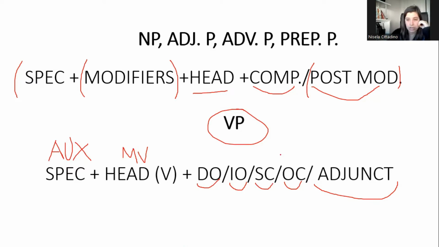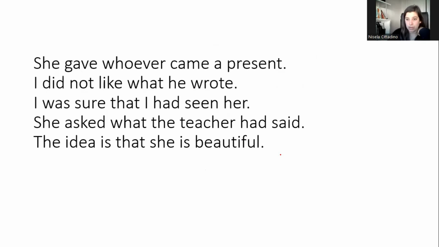Okay, let us continue now with nominal relative clauses. These sentences are all examples of nominal relative clauses. You will have to pay attention because these are slightly different than non-finite to infinitive clauses, because we will find the subject she, gave, whoever, came, a present is the predicate.